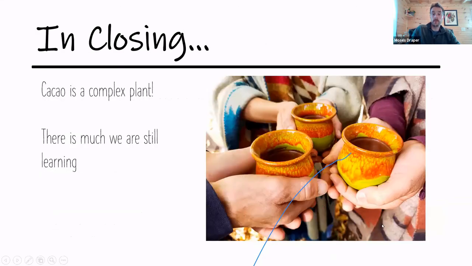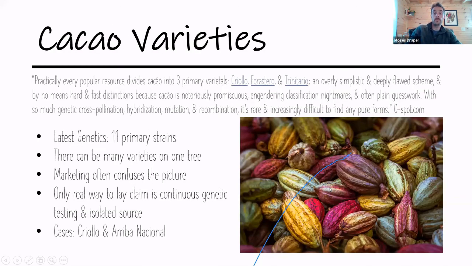So if you were to look up cacao varieties online, generally what you'll find is people define them in those three categories. Genetic scientists have, in the last 10 years or so, reclassified cacao into 11 primary strains. And so because cacao is promiscuous, it cross-pollinates.